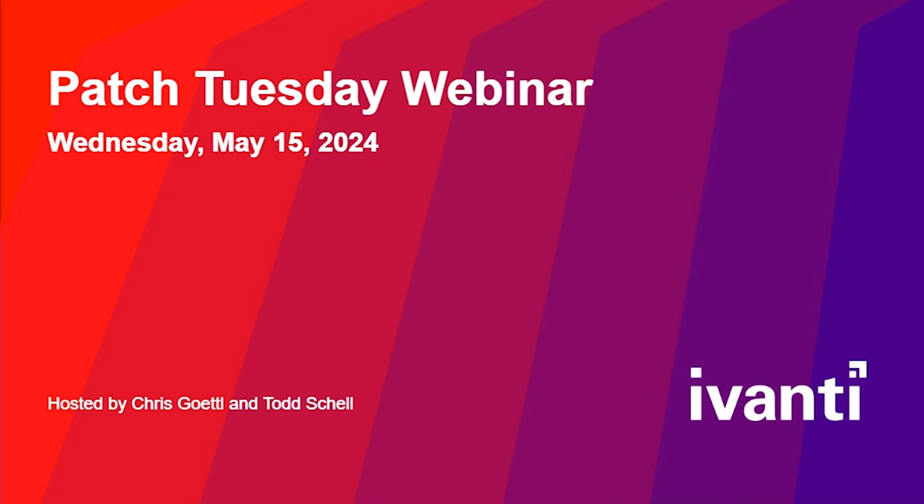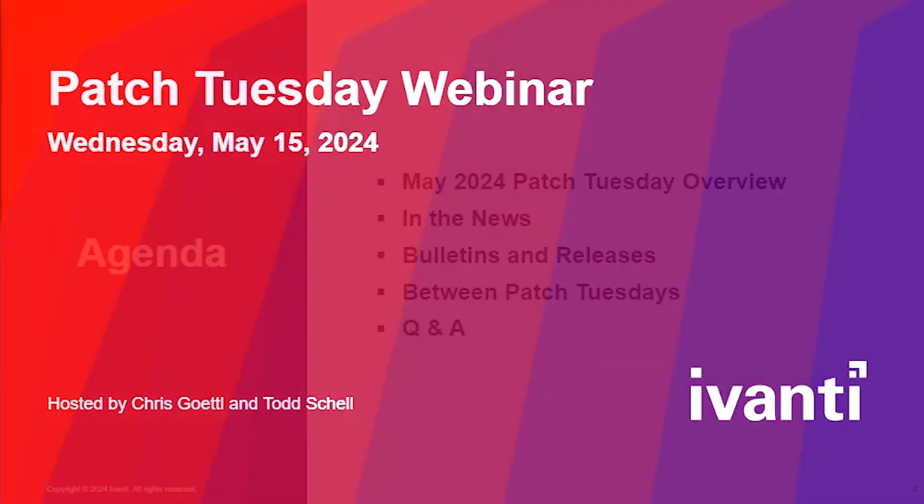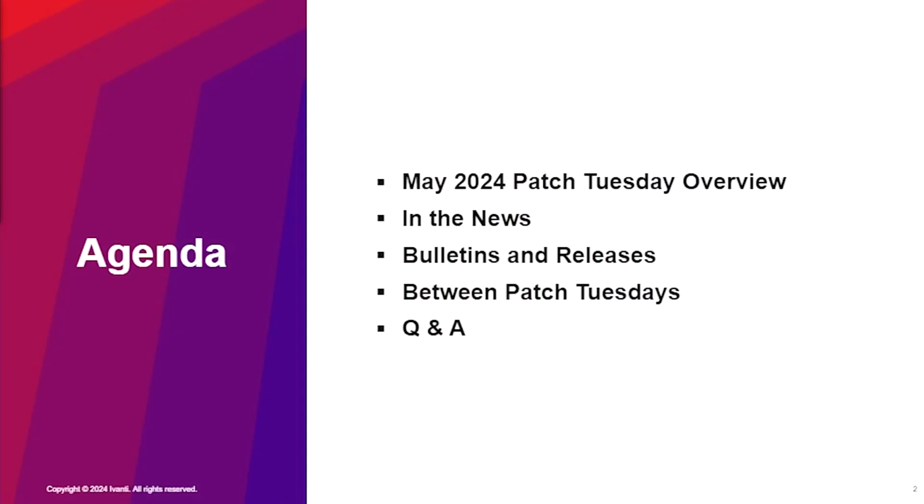All right, we will go ahead and get started here. First up, we're going to talk about the May Patch Tuesday release, giving you an overview of a lot of the things that came out. We're going to go through a little bit of the recent news here. There were several 0 days between Google, Microsoft, and Apple that we're going to discuss. And then Todd is going to walk us through the bulletins and releases for this month.